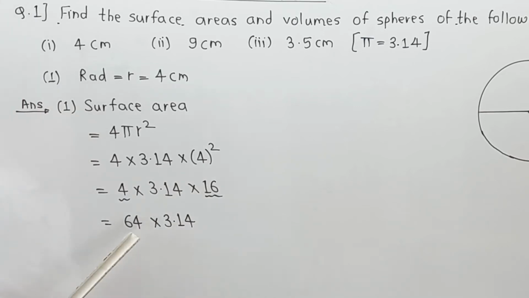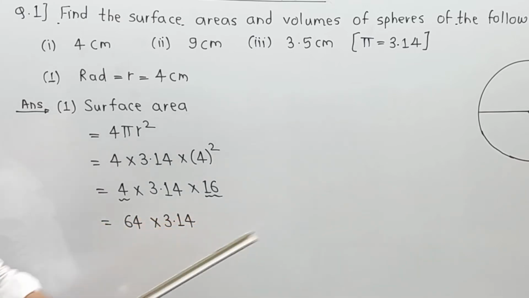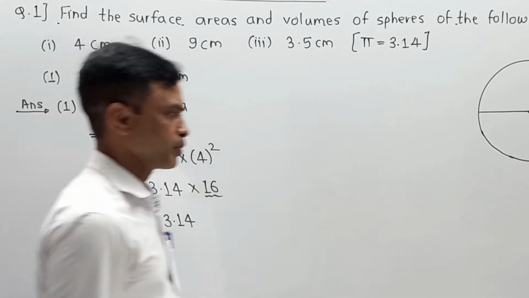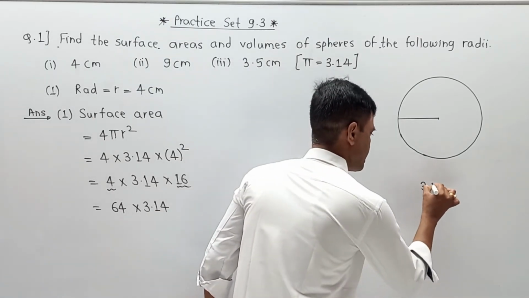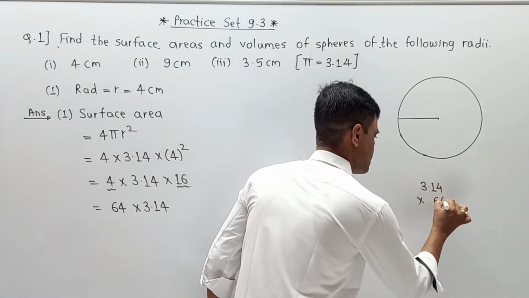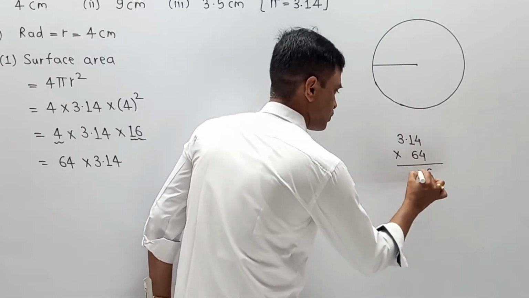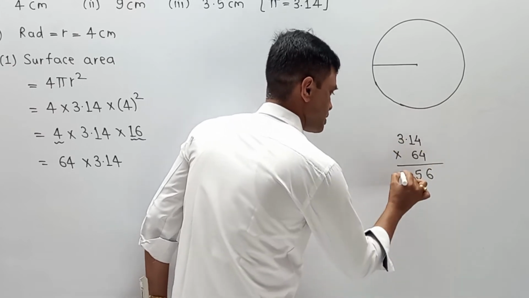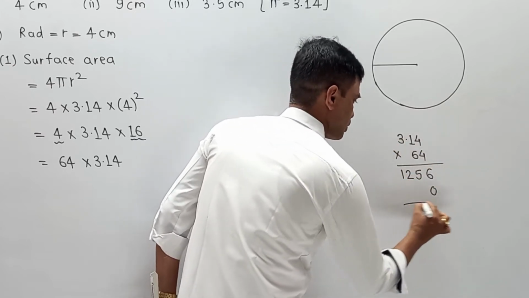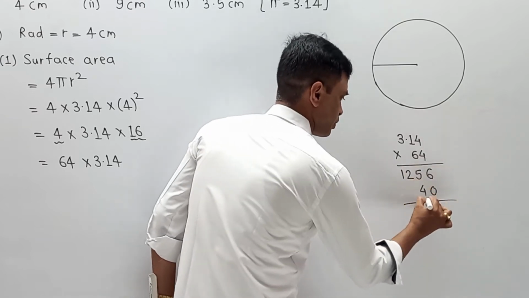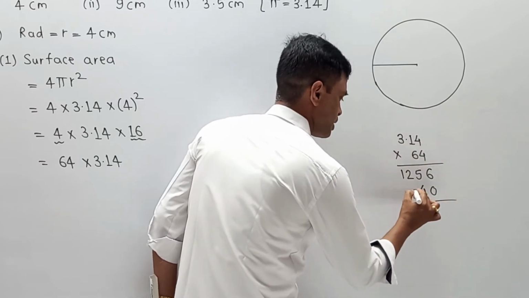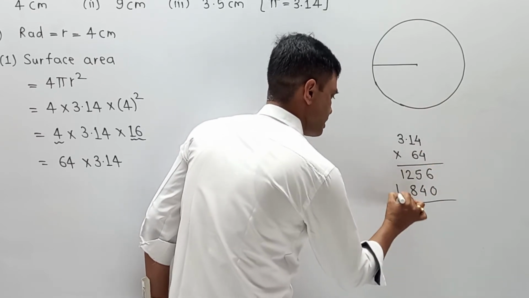Now this calculation, 64 into 3.14, we are going to do it, so please pay attention. I have kept some space over there where I am going to do this calculation so that you can have a practice for that. So 3.14 into 64: 4 into 4 16, carry 1, 4 into 1 4 plus 1 5, 4 3s are 12, giving 0 or cross, 6 into 4 24, carry 2, 6 into 1 6 plus 2 8 and 6 3s are 18.